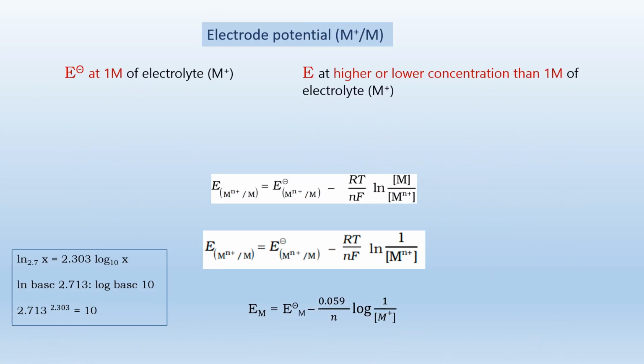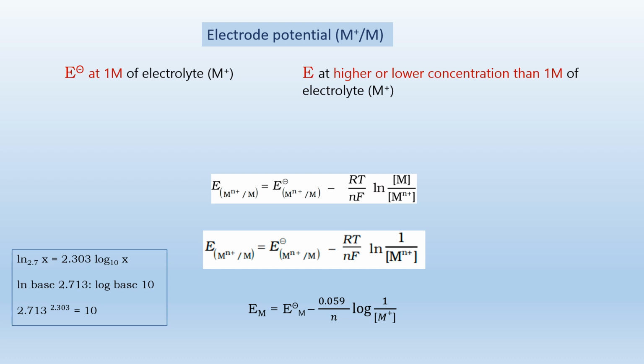And in the equation you have also seen ln. ln is the natural logarithm having the base 2.7. If you convert the natural log to the logarithm which has the base 10, you have to multiply with the value 2.303, because if you substitute 2.71 raised to the power 2.303, you will get the value of 10.